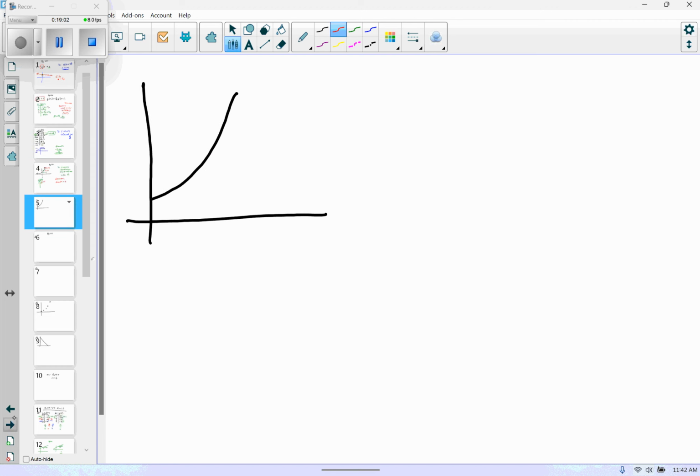All right, down to number 5. Here's our function. This point looks like it's 0, 1. We have another point at 2, 5 right there. This is continuous because if you look at the graph, it's not dotted.